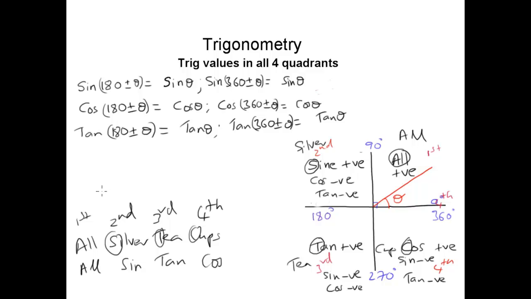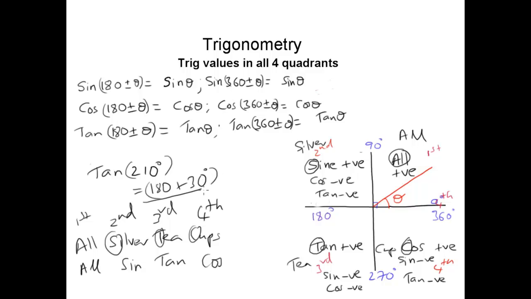You tell me, how can I find tan 210 degrees, right? Then you would use this, right? Tan 180 plus 30, right? This can be written as tan 180 plus 30.